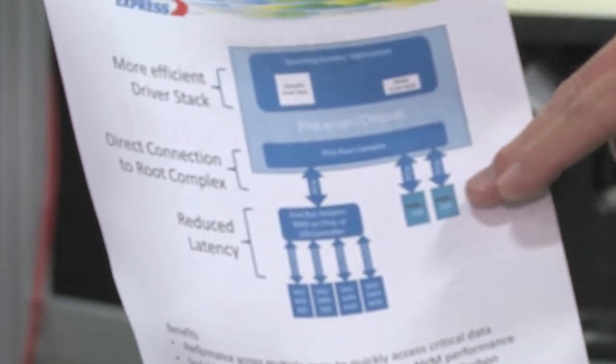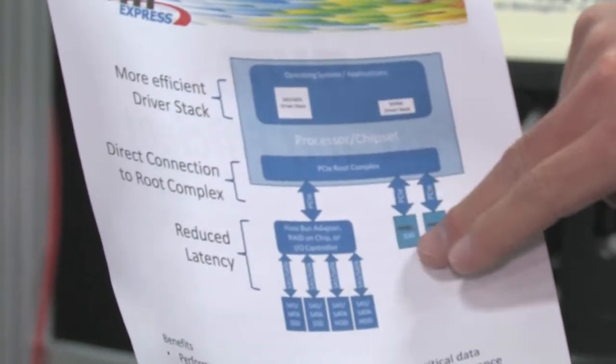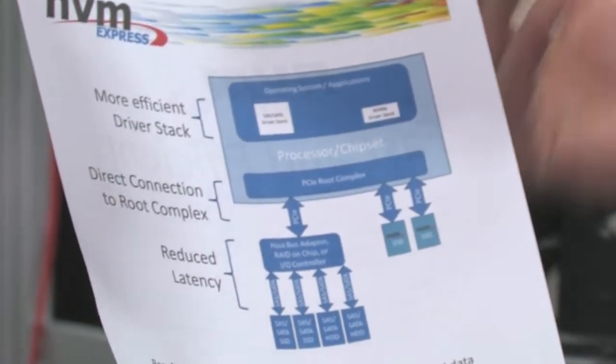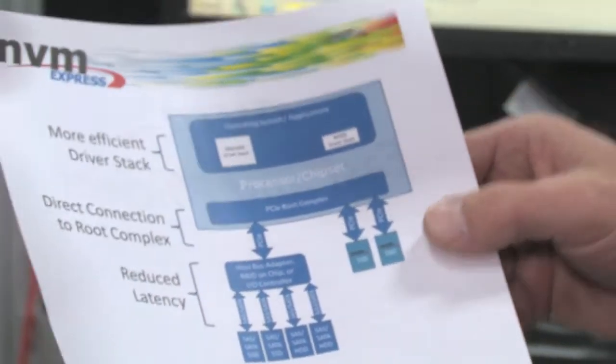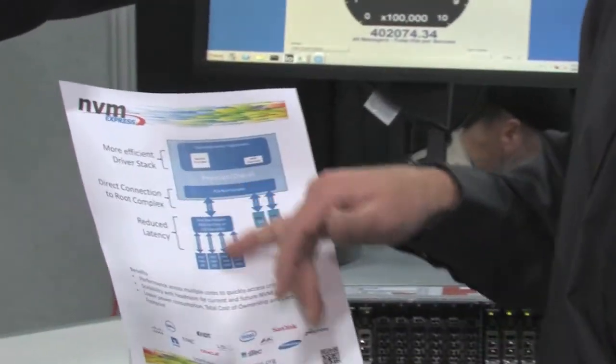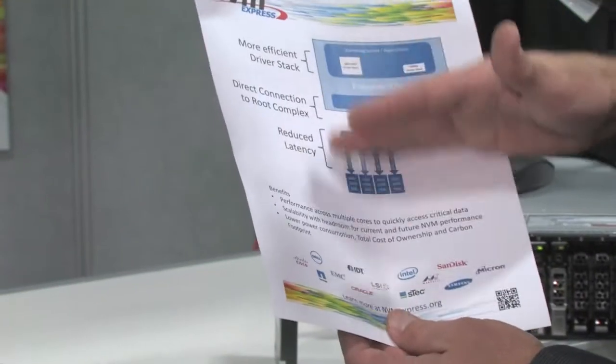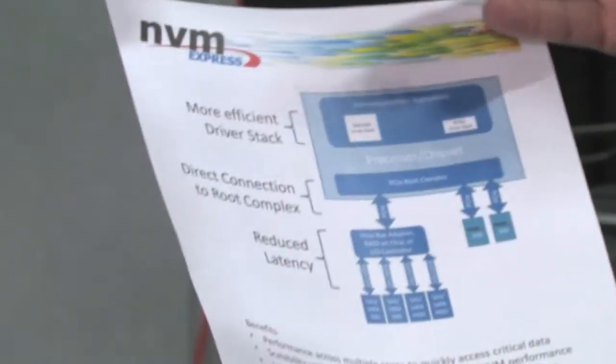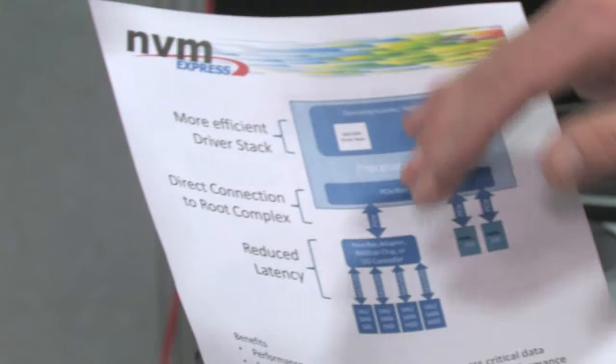On an NVM Express SSD, it's connected directly in. It has its own PCI Express controller built into it. The obvious benefit is latency. You don't have to traverse this controller in order for those IOs to get to the PCIe root complex.